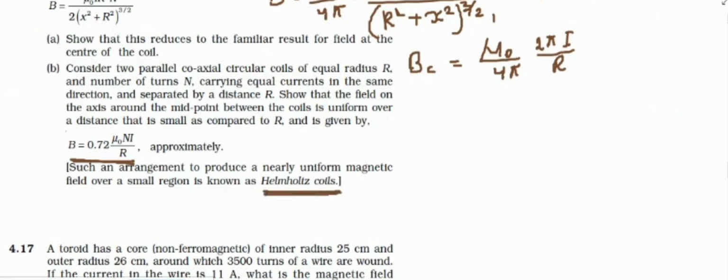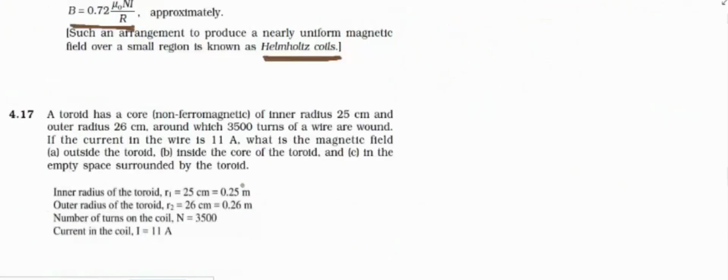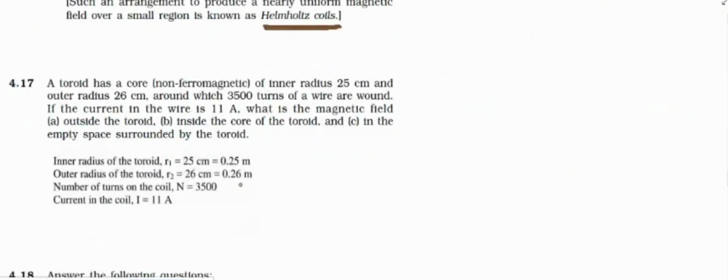Please remember the term. Usually such coaxial coils are used to get uniform magnetic field. In between those two coils, there will be a small region of uniform magnetic field, and that's the purpose of using such coaxial coils known as Helmholtz coils.